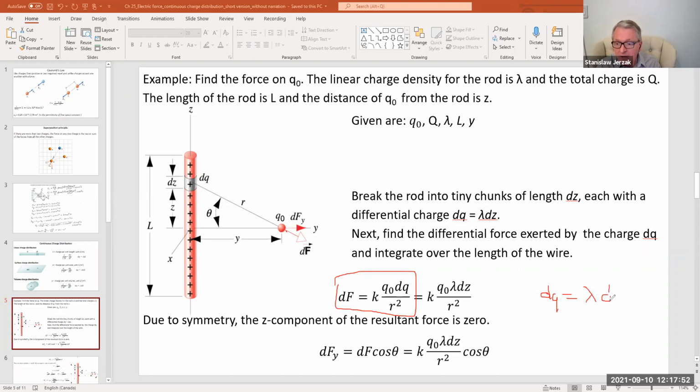But instead of dl, we have written now dz. Okay, and so instead of dq, I substitute lambda dz.